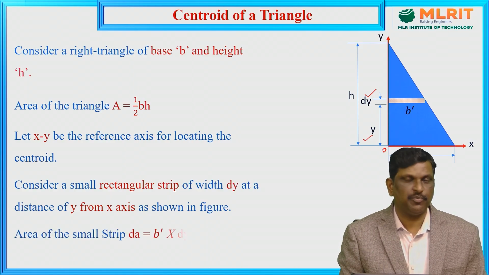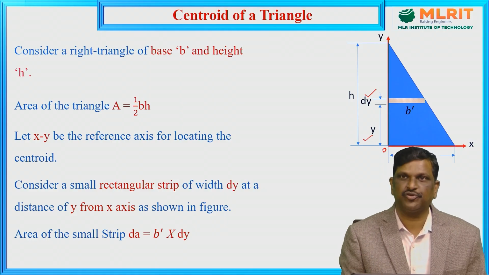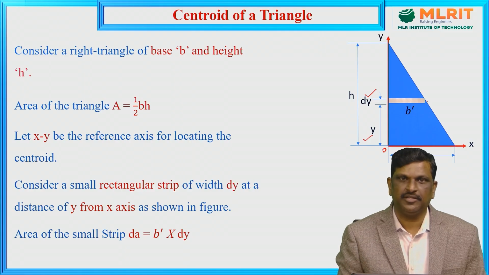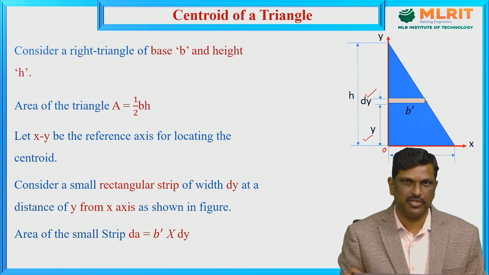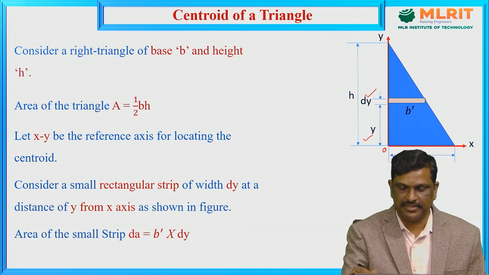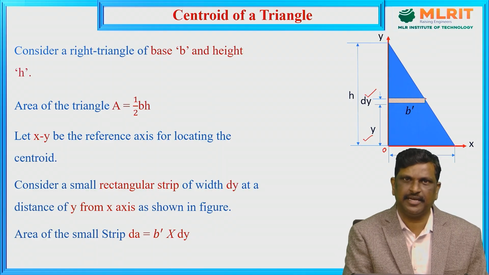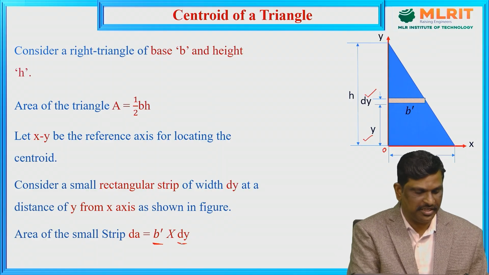The area of the small strip is dA. I am considering it as a rectangular strip, neglecting the slant distance, because the strip is the smallest possible strip. For that smallest possible strip, the addition of slant edge is negligible. That's why considering it as a rectangular strip, b dash into dy.